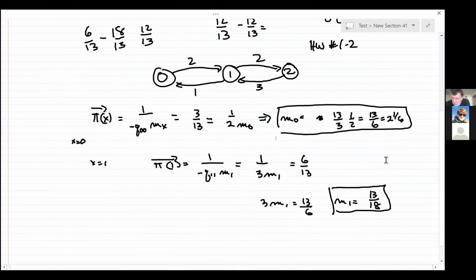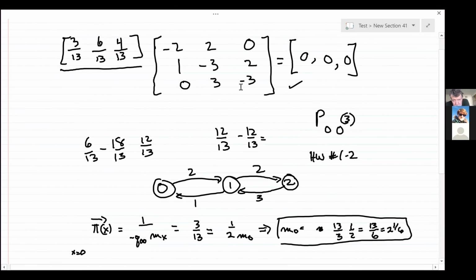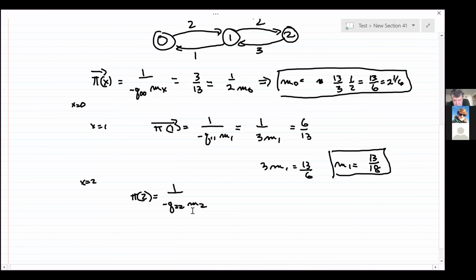To finish this out, what would happen when x is 2? When x is 2, you would get that pi of 2 by the theorem is 1 over q22 m2. q22 can be picked off from the matrix. q22 is -3 again. And so this on the bottom would be 1/3.